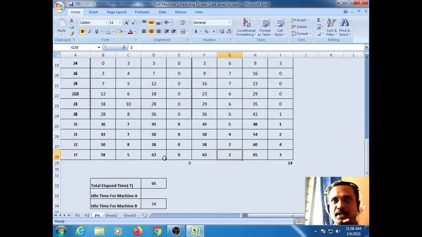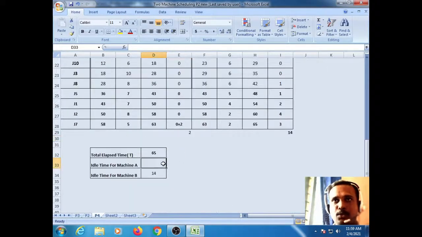So for the last job, we take this processing time as idle time for machine A. Adding these, 2 hours is the idle time for machine A.